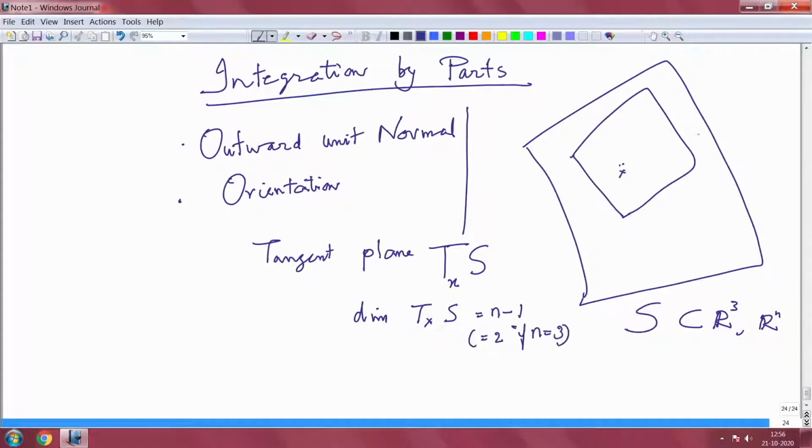So, you have a 2-dimensional thing; that means whatever it is, the tangent space will be 1 dimension less, and hence it will have a normal space, normal to that, and the dimension of this one is always 1. So, it will be spanned by one vector. So, there will be a normal, and hence you have a unit normal.